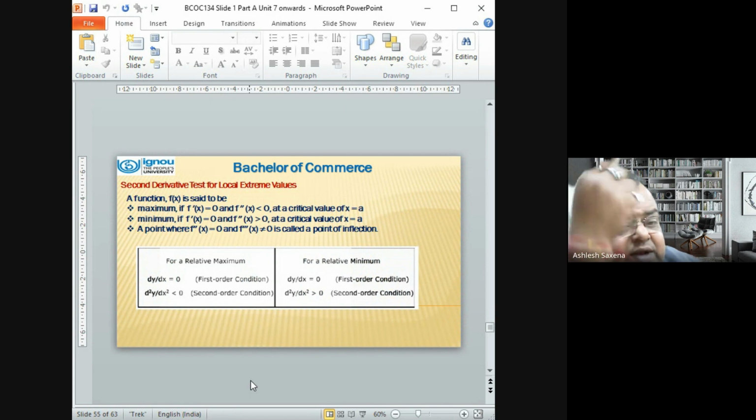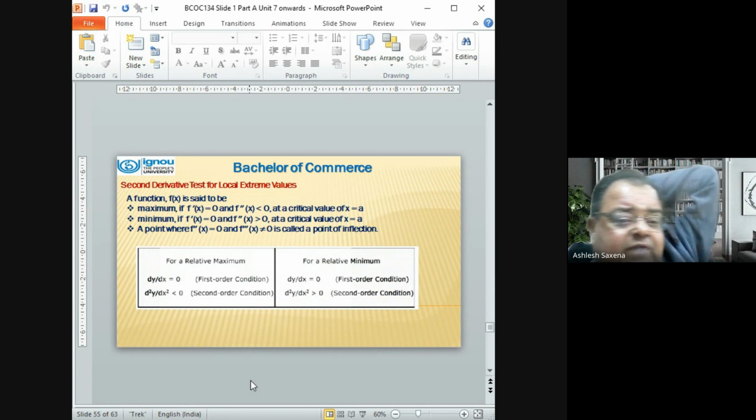You can see that if the second derivative is negative, the function is maximum. And if the second derivative is positive, the function will be minimum. A point where the second derivative is equal to 0 and the third derivative is not equal to 0 is known as the point of inflection.